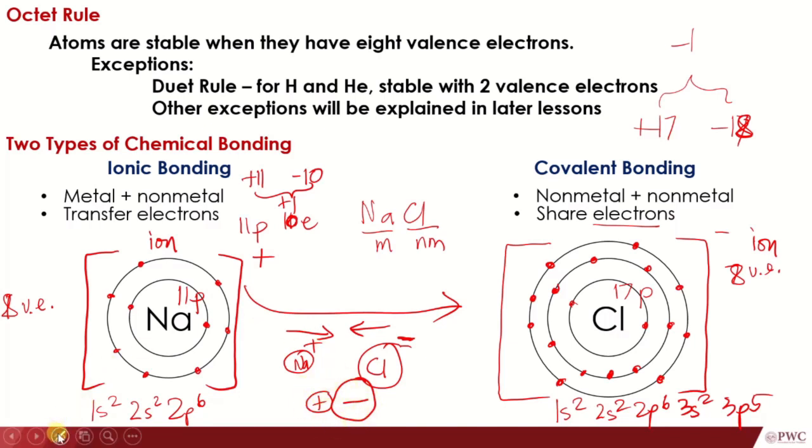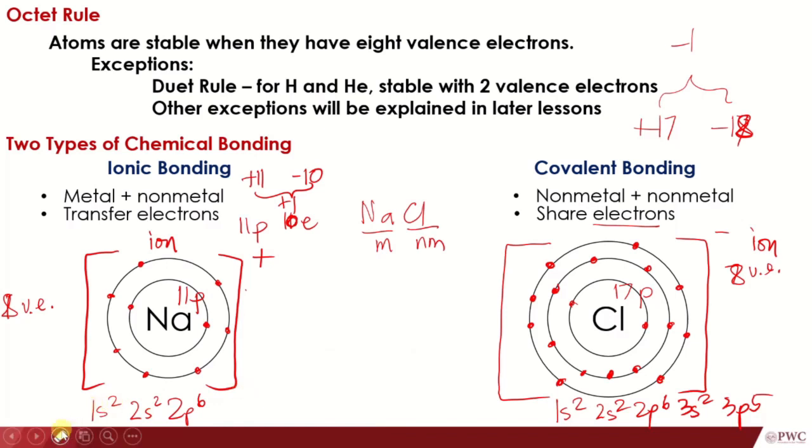Okay, in this case, we can simplify this with an electron dot structure. We also call this the Lewis dot structure. In this electron dot structure, first we write the symbol of the elements in the compound.